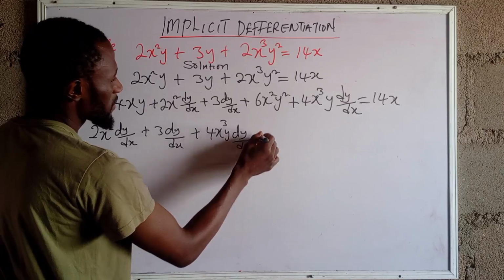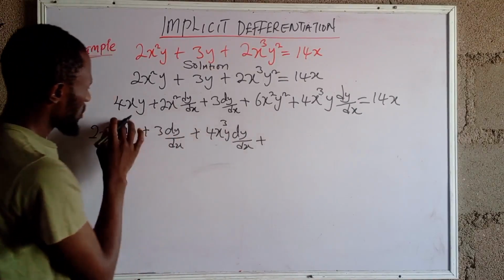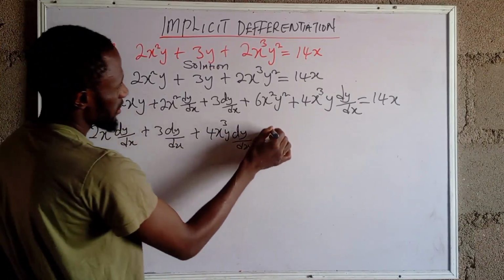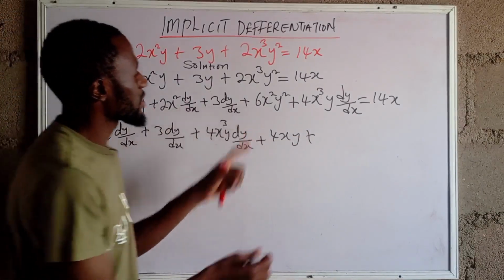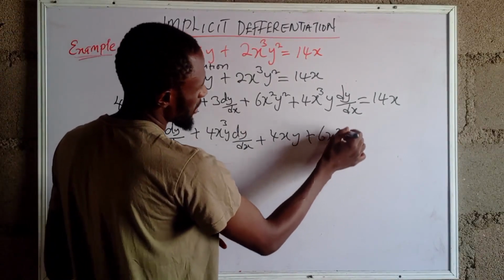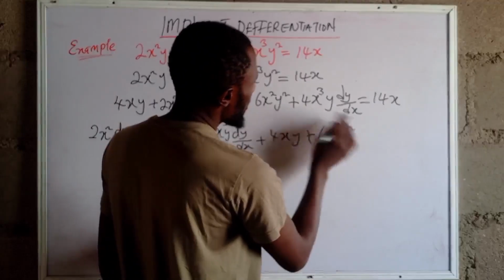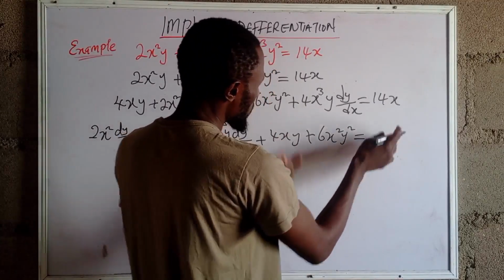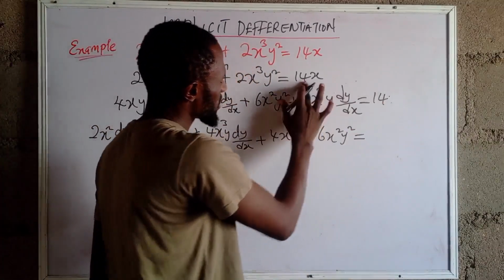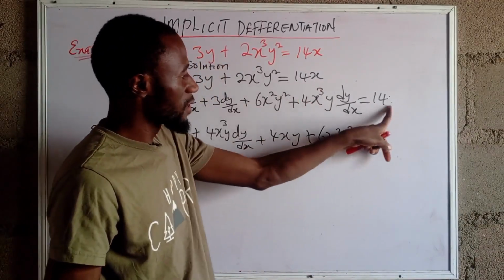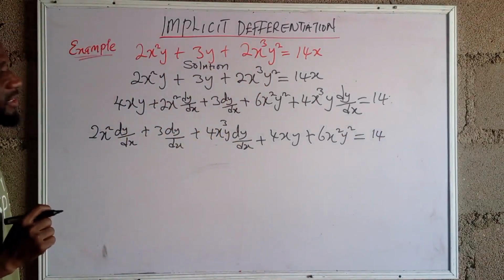Plus the terms that contain x and y only: 4xy plus 6x squared y squared. That's all, equals 14. Now if you differentiate 14x, it will be 14. Okay, now we have only 14 here.